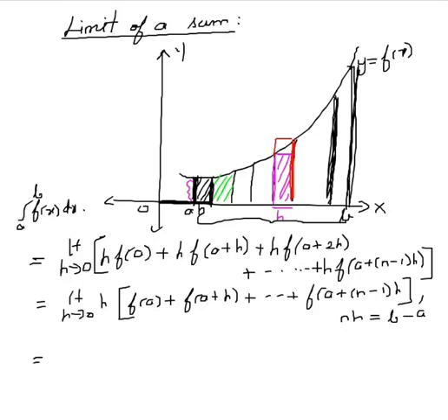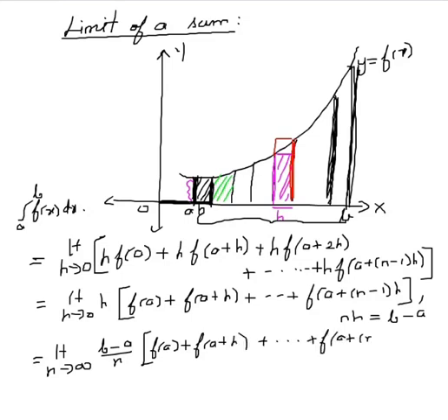This formula can be written in terms of n. In that case, limit n tending to infinity, we have to write h is (b minus a) by n, we know, times f of a plus f of a plus h, etc. f of a plus (n minus 1) times h, where n is (b minus a) by h.